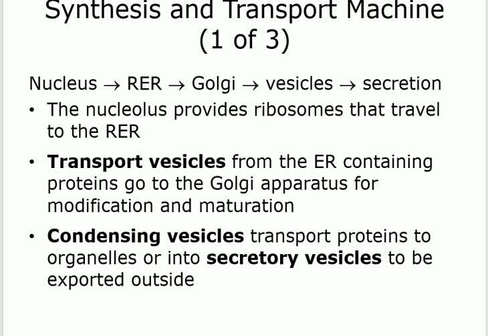So we have three types of vesicles. Transport vesicles, between the rough ER and Golgi apparatus. You just move it from one to the other. Condensing vesicles will take it to the organelles. Secretory is for outside, for secretion.